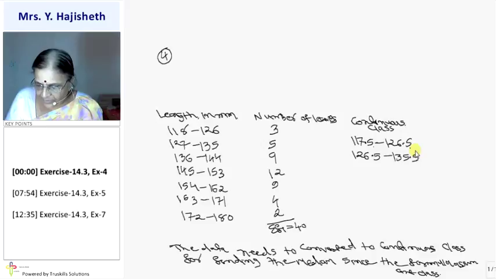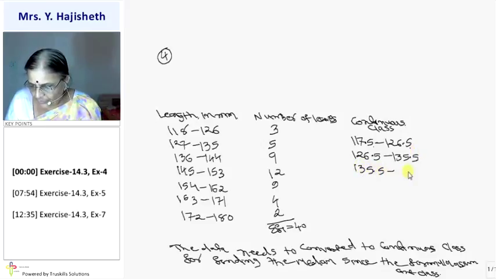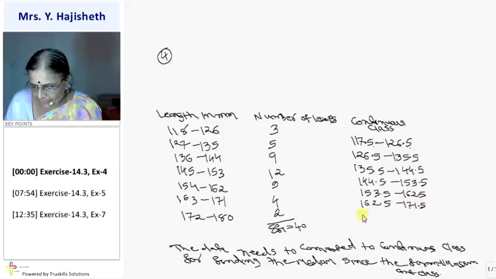Then 135.5 to 144.5, then 144.5 to 153.5, then 153.5 to 162.5, then 162.5 to 171.5, and last is 171.5 to 180.5.